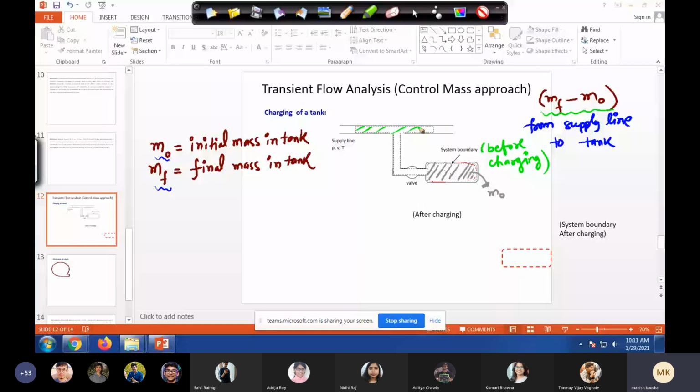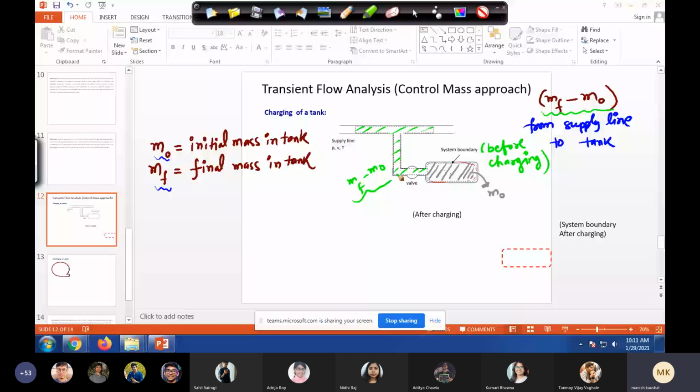Why are we including both MF minus M naught and M naught? Because we are taking the control mass approach, and how much mass are we enveloping in our control mass? Before charging, I have shaded these two portions, right? Both are part of the control mass: two components, M naught and MF minus M naught. M naught is inside the tank and MF minus M naught is in the pipe.